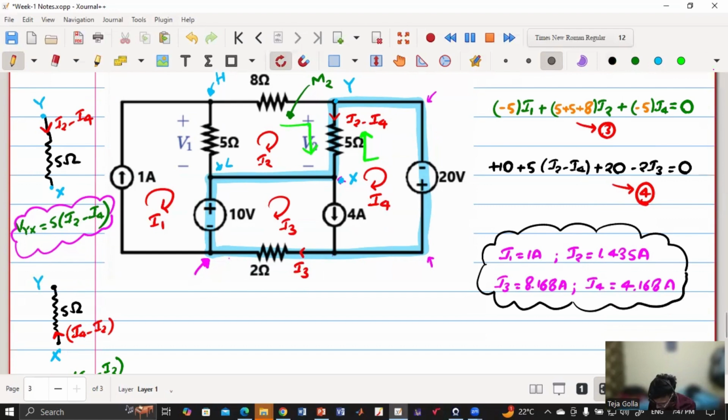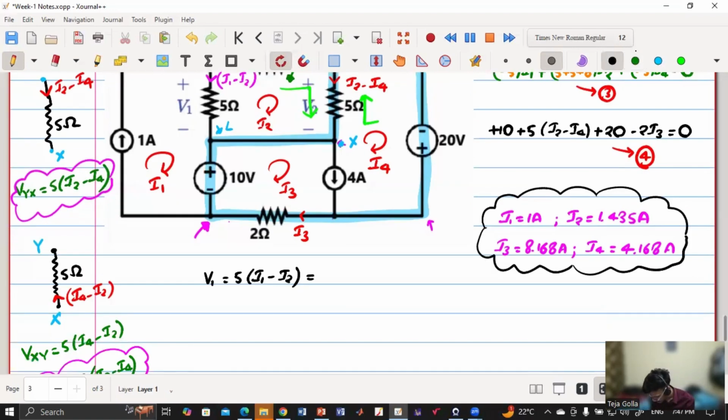What is the current in this way, in the 5 ohm? 1 minus 1.435. Yes, very good. So this is I1 minus I2, basically. So now what is V1? 5 into I1 minus I2, that is 1 minus 1.435 into 5. Yes, exactly. So if you calculate that, V1 is nothing but minus 2.175 volt.